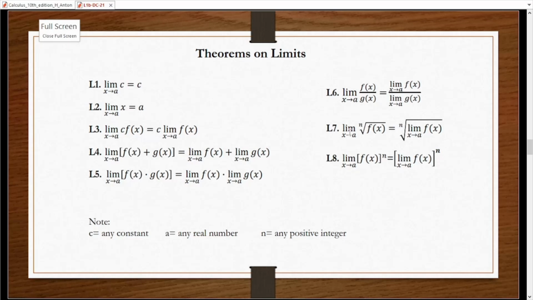So, pagdating naman din sa may radical sign, pwedeng kunin natin yung limit ng radicand, yung nasa loob, saka natin kukunin yung nth root. And then, lastly, sa power rule, pwedeng i-evaluate din natin muna yung limit ng base, saka natin i-evaluate yung degrees niya or yung power.